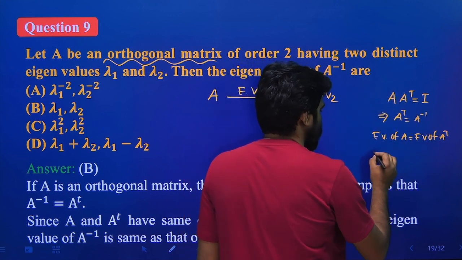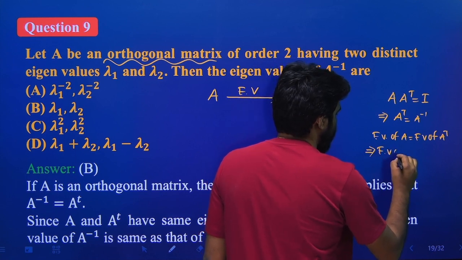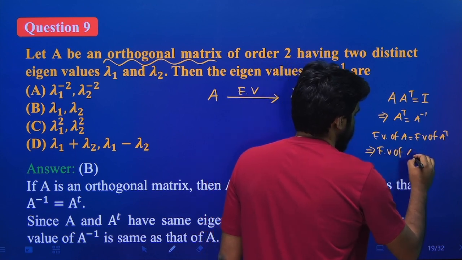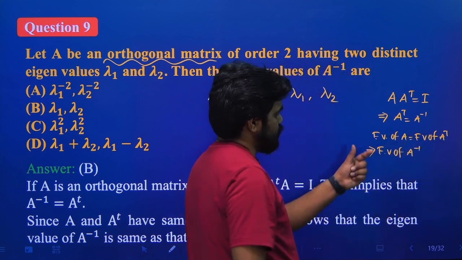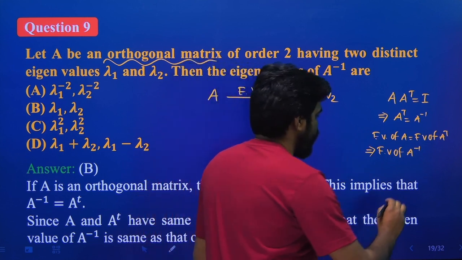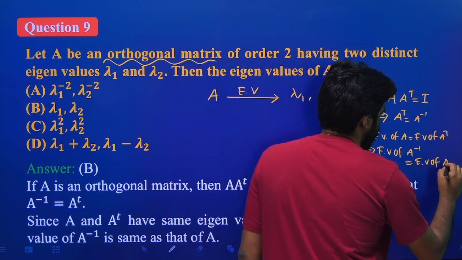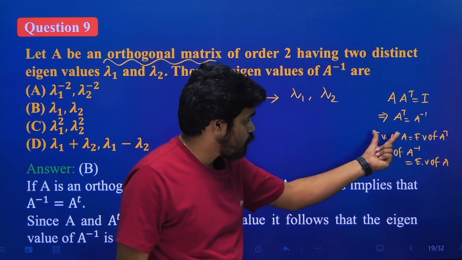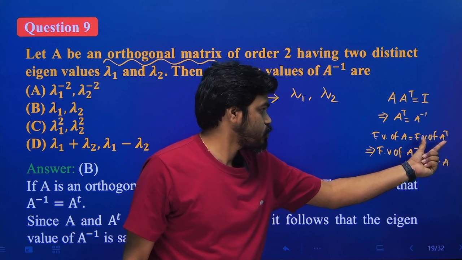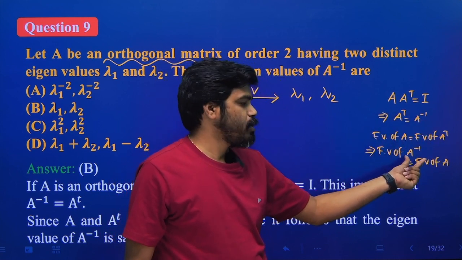So from this we conclude that eigenvalues of A inverse will be the eigenvalues of A. Getting my point?